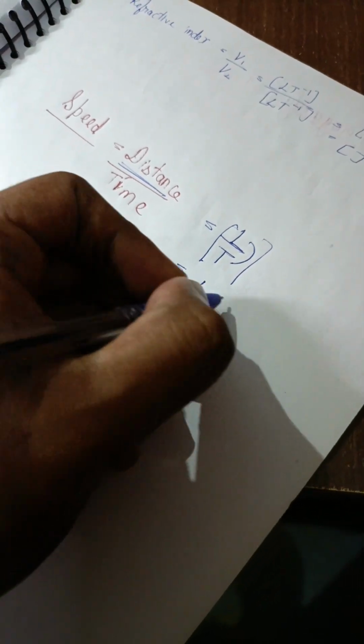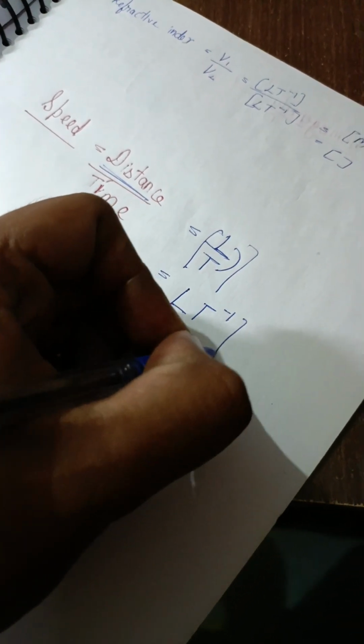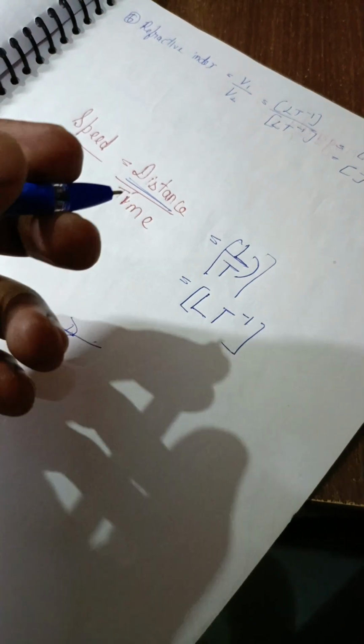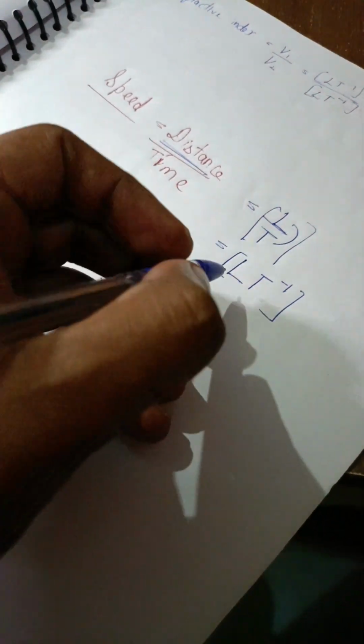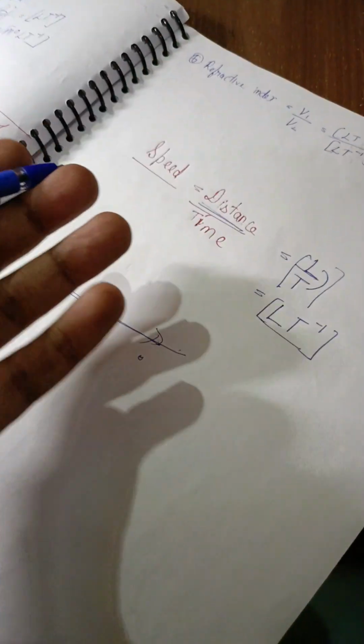You have to write it as T minus 1, that is T inverse. T minus 1 is the preferred way of writing it. It's just that easy.